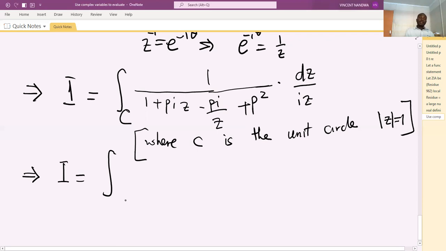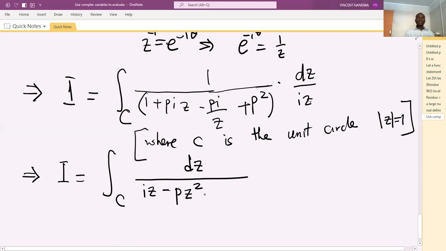Now, the integral along C. So multiply this by every term, so we'll have dz. So iz is multiplying every term here. So I'll have iz. i times i is negative 1, so minus p z squared. i times minus i is 1, so this will be plus p. And then this plus p squared iz.